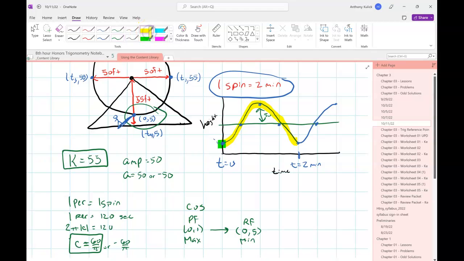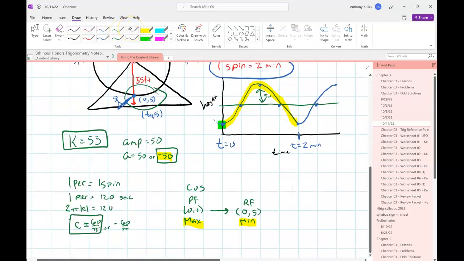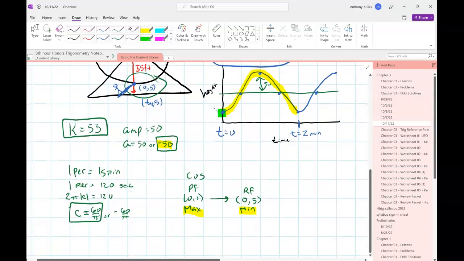So because we're going from max to min, that tells me that the A is negative. And because the x-coordinate of the parent function is 0, the x-coordinate of the resultant function must be my h.